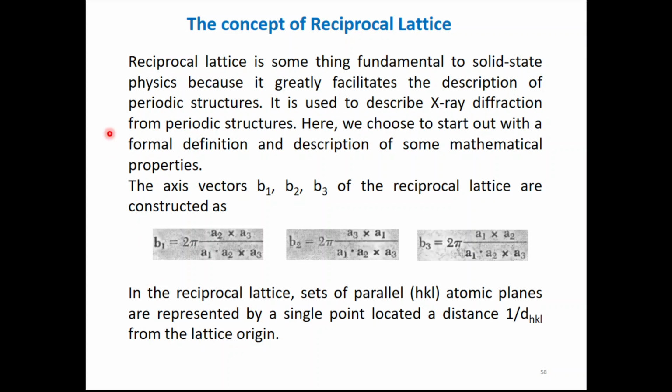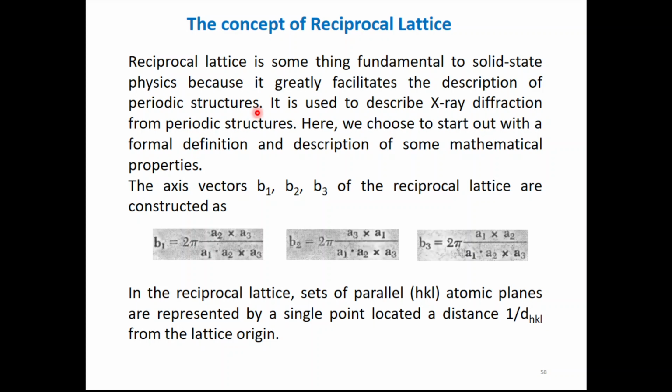So I can read these sentences and then we can interpret it. Reciprocal lattice is something fundamental to solid state physics because it greatly facilitates the description of periodic structures. Remember that Bragg's law is the consequence of the periodicity of the space lattice.